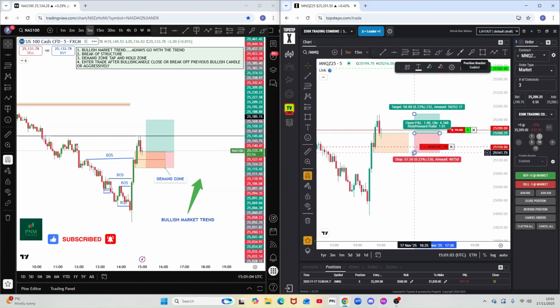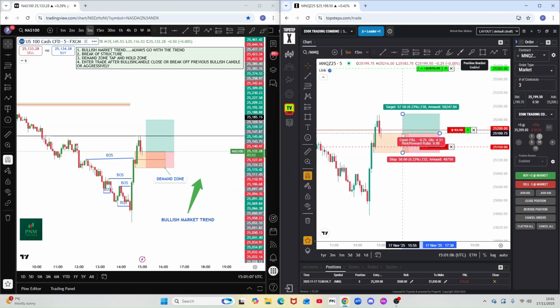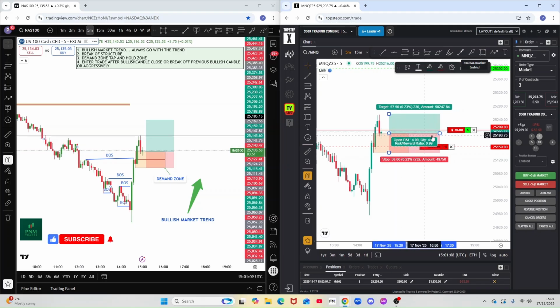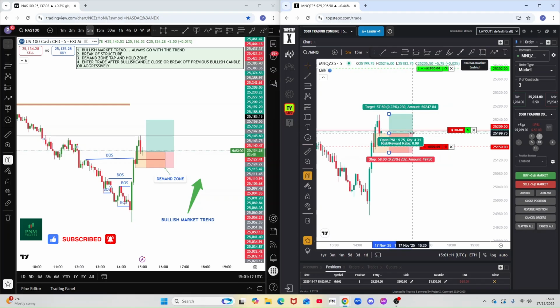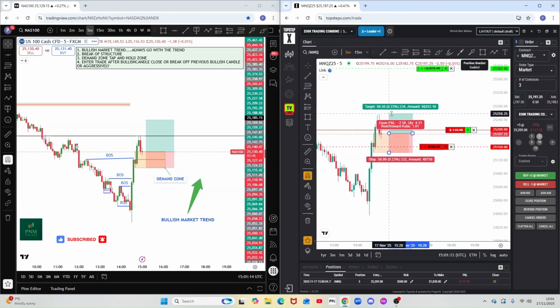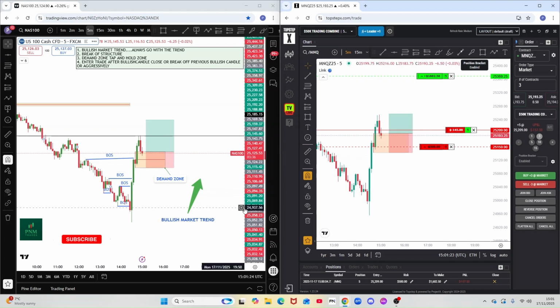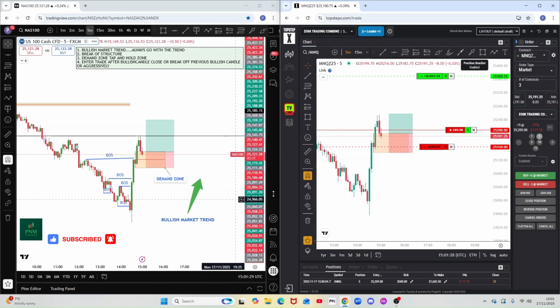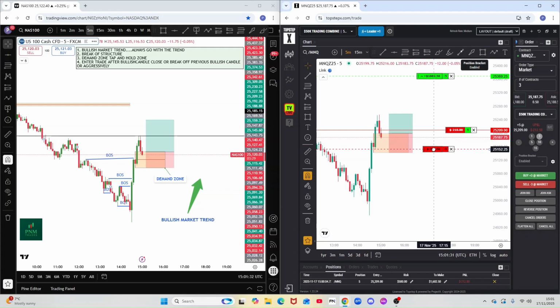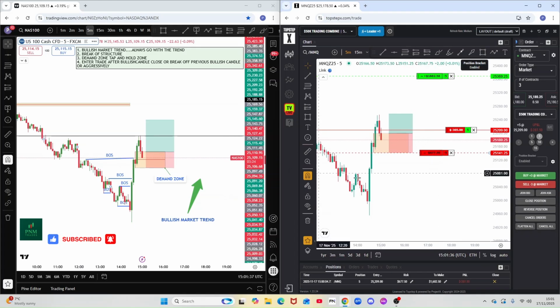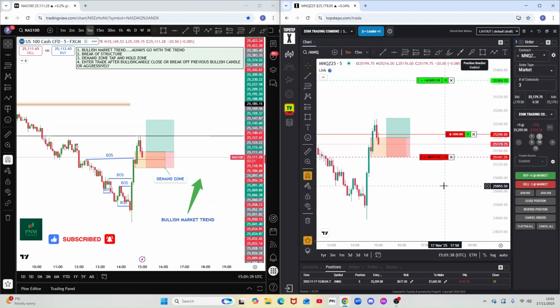So let's see. My entry. See what price does. Let me use the old stop loss size.